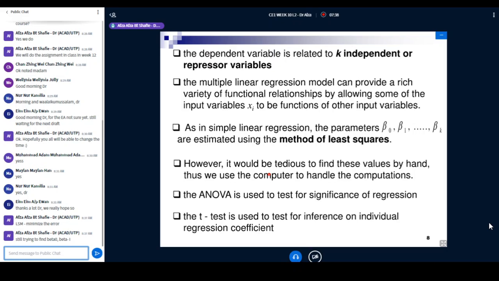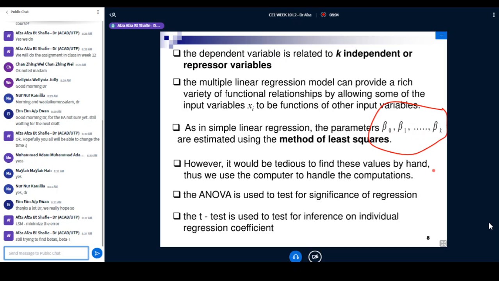You have to solve the matrix in order to get the values of beta naught, beta 1, right up to beta K. Because of that, we basically use the printout, the Excel, or the Minitab, or MATLAB, whatever software we're going to use, to find the value of beta naught, beta 1 up to beta K.